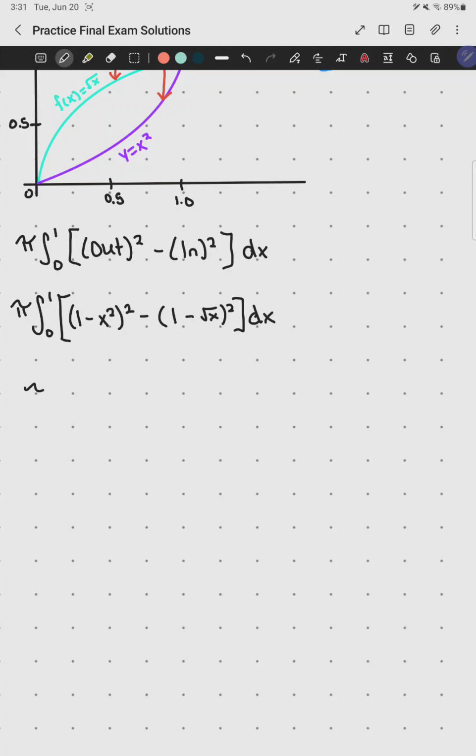Alright, after doing all of that math, you are eventually left with x to the 4th minus 2x squared plus 1, minus x minus 2 root x plus 1, dx.